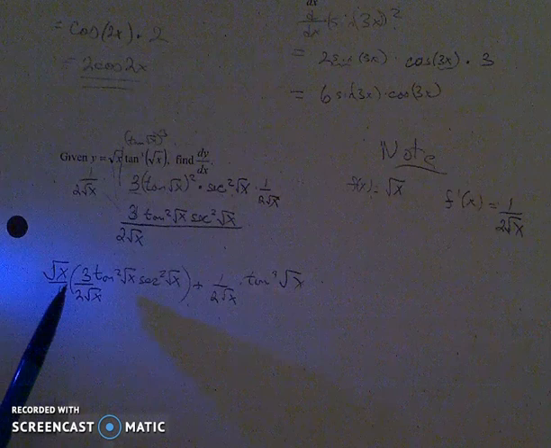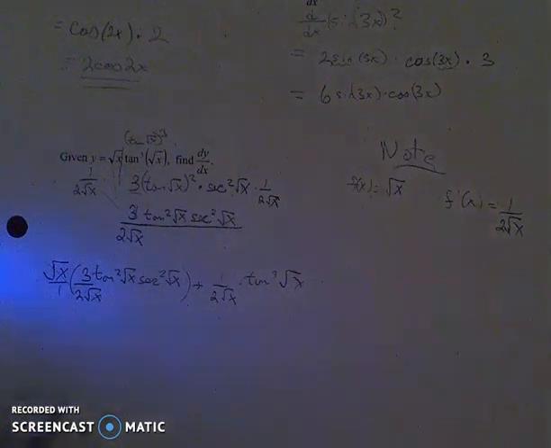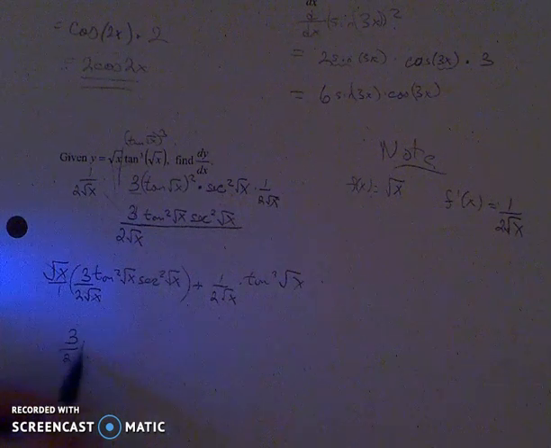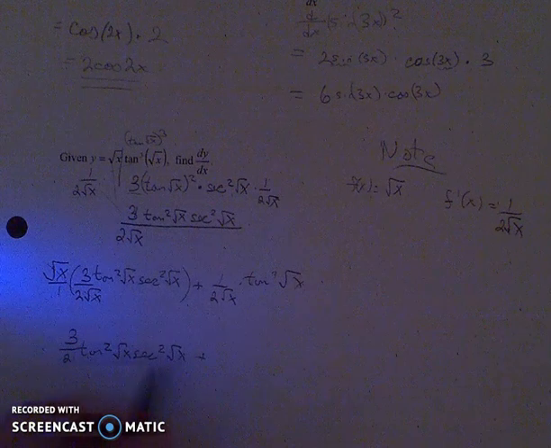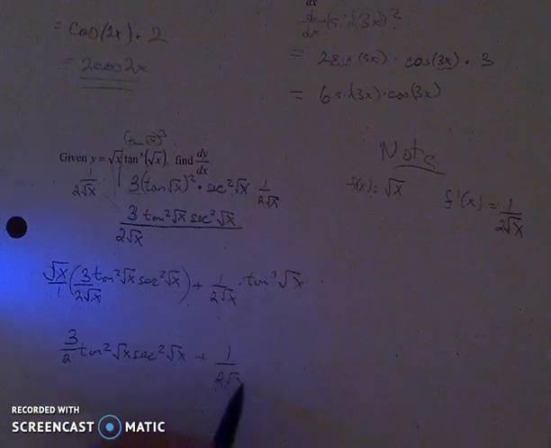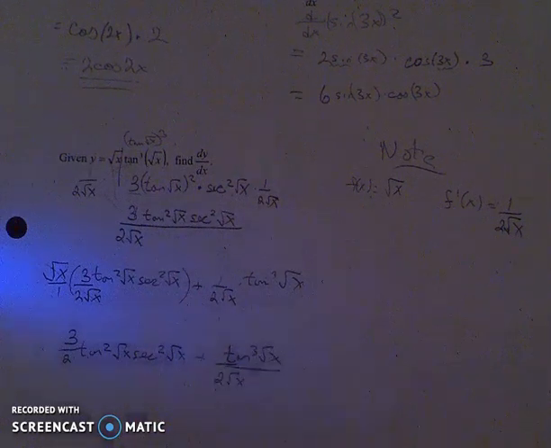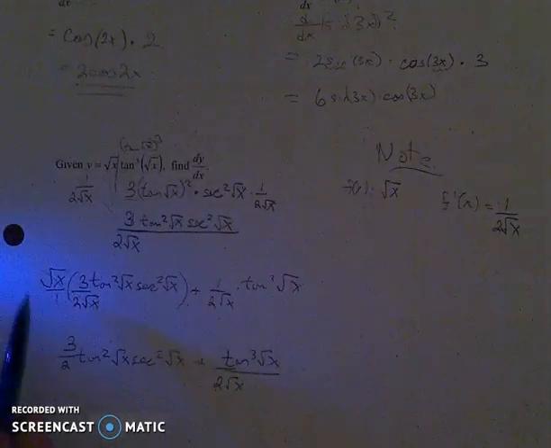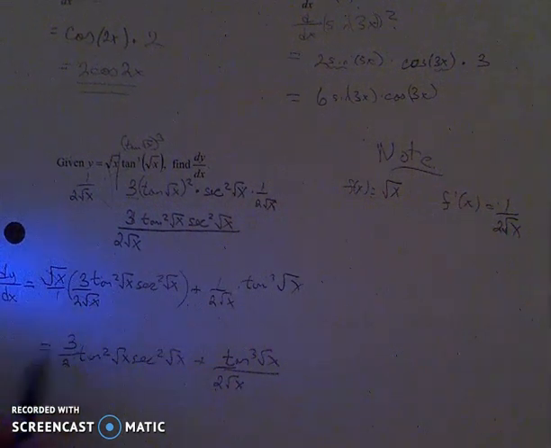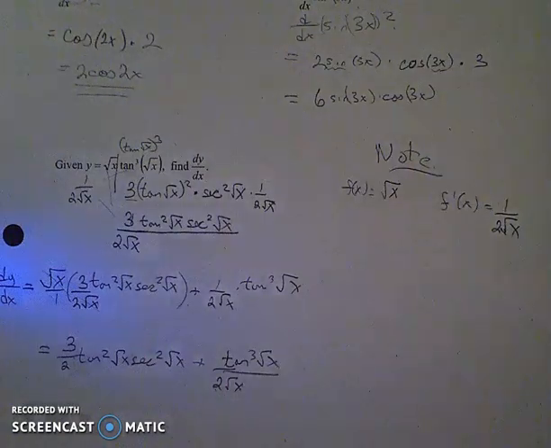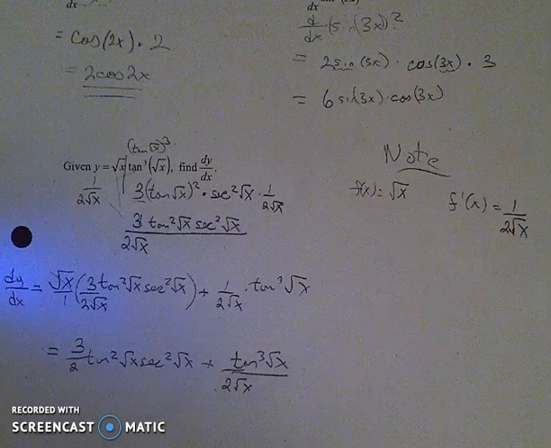And what you should be able to notice here is that you can cancel those because they are being multiplied. So we're left with 3 over 2 plus, we'll just leave that as is. And that is our answer, if you can see that. There we go, that's a little brighter for you.